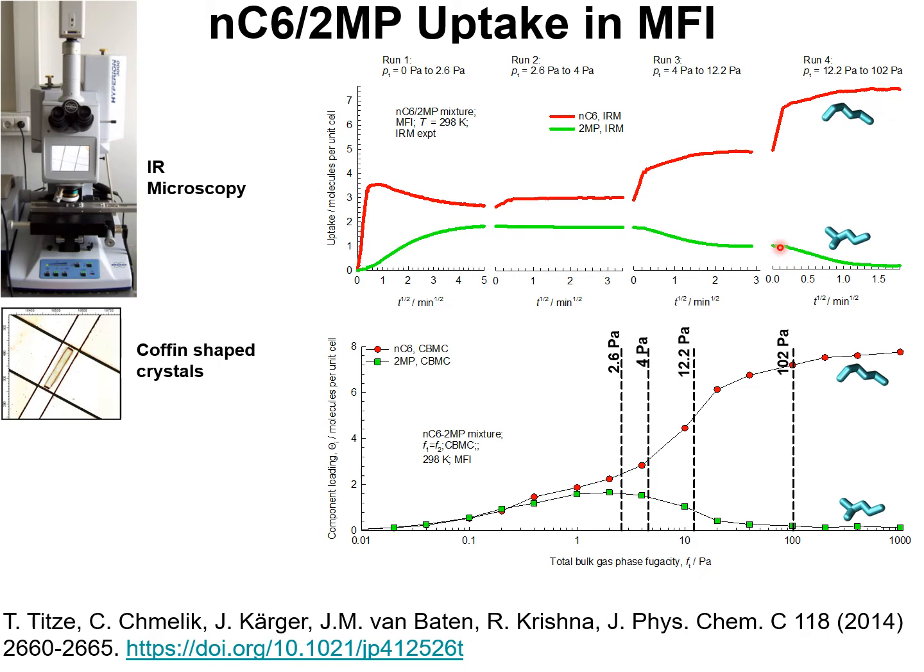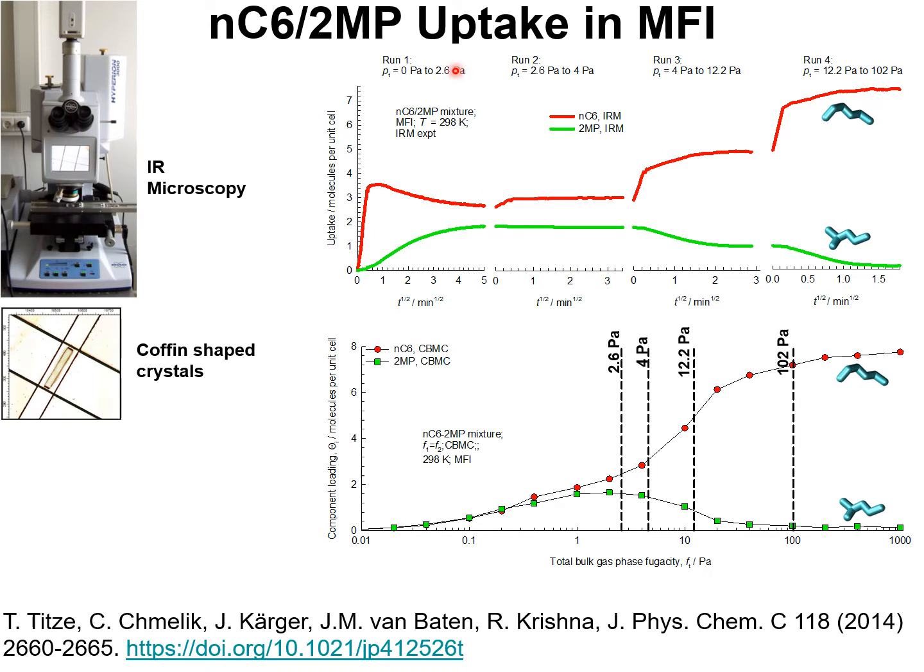And the component loading of 2-methylpentane decreases to virtually 0. I present here below configurational bias Monte Carlo simulations of the component loadings for the mixture of normal hexane and 2-methylpentane at precisely the same temperature, maintaining partial fugacities in the gas phase equal to one another, just like in the uptake experiments.